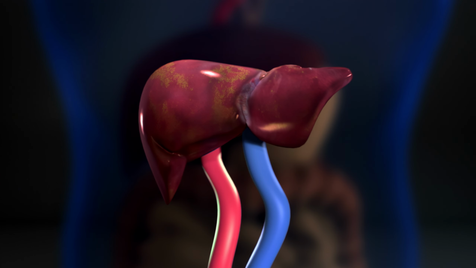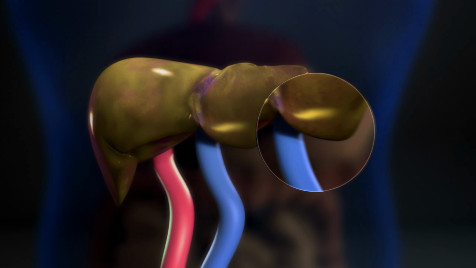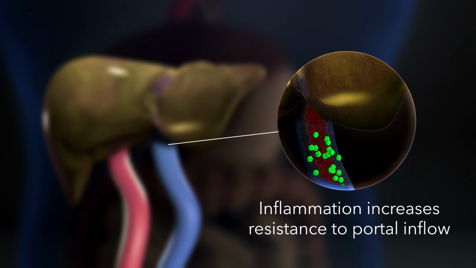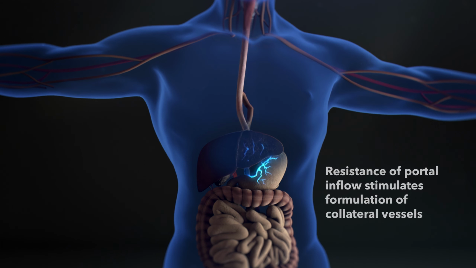Liver disease alters both hepatocyte function and portal circulation. Inflammation and fibrosis increase the resistance to inflow into the liver, reducing sinusoidal flow. In addition, the increase in resistance to portal inflow stimulates formation of collateral vessels or varices.